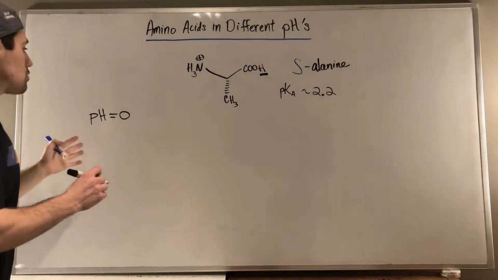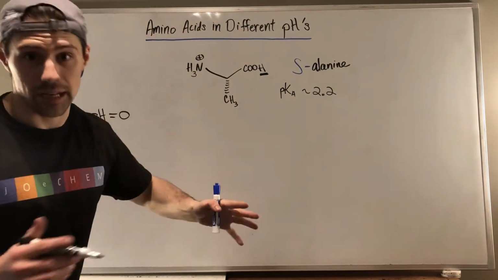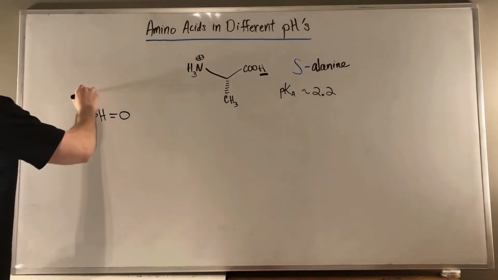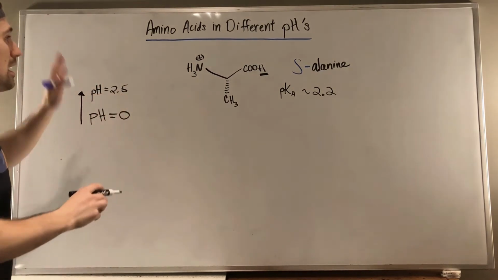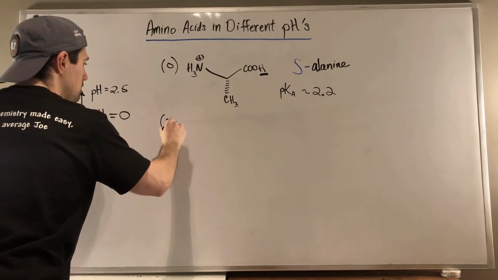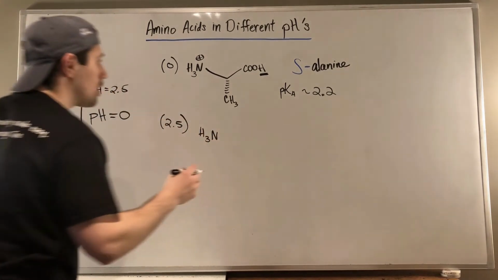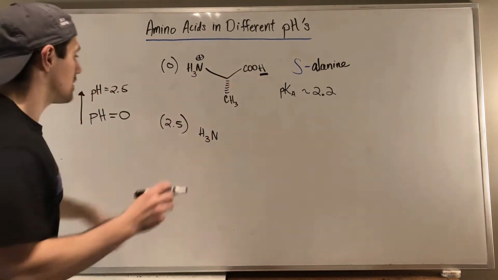So essentially, what I like to think of is at pH 0, our whole structure is protonated. If we start to raise our pH, so let's say we just get to like pH 2.5, at this point in time, we have gotten to a point where the strongest acid around is the carboxylic acid.